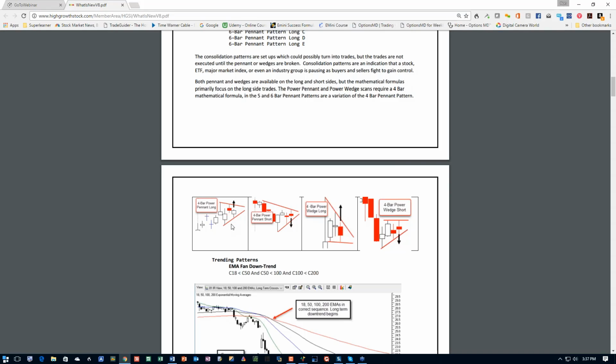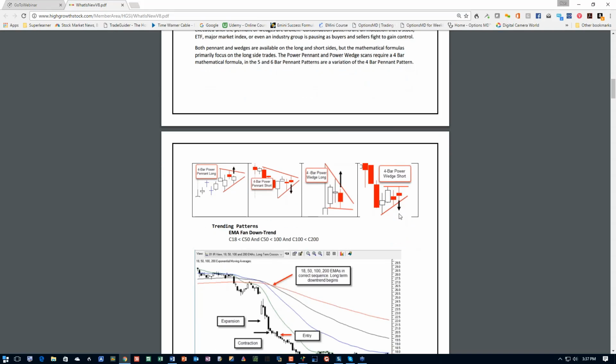We're looking for stocks that are potentially breaking out very shortly, and I'll go over these a little bit. Like I said, you won't get very many candidates, but it's something that you should look at, because when these stocks are squeezing together, when they're coming together like this, they're going to break one way or the other.